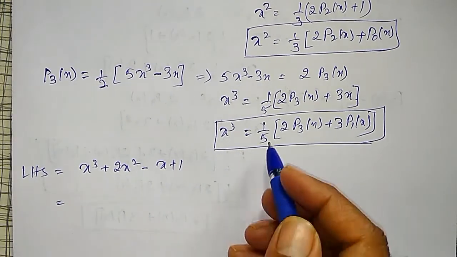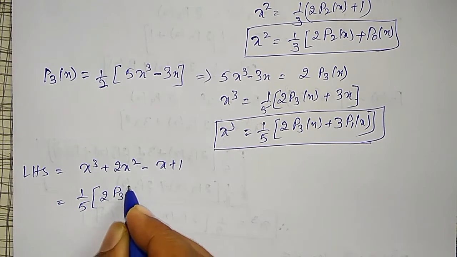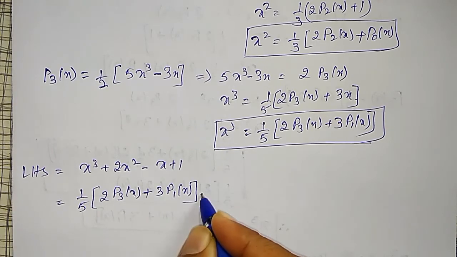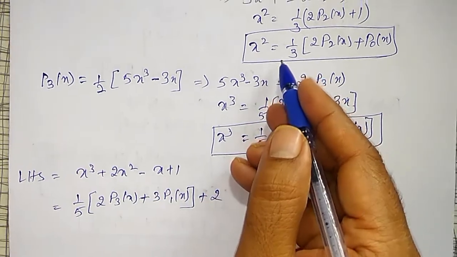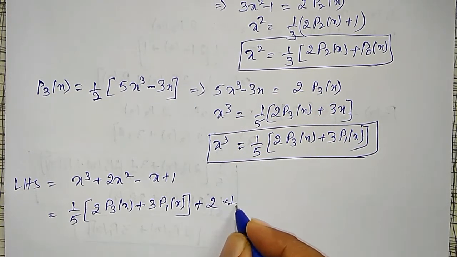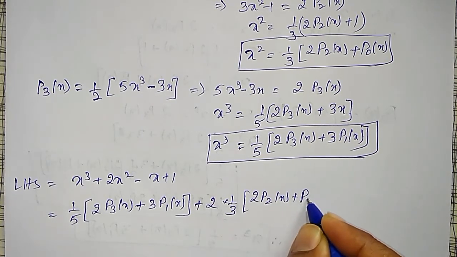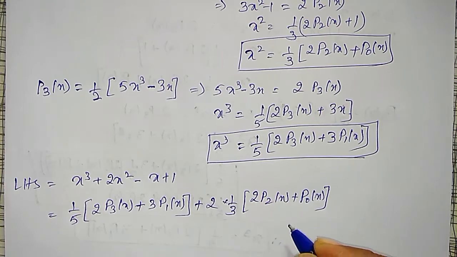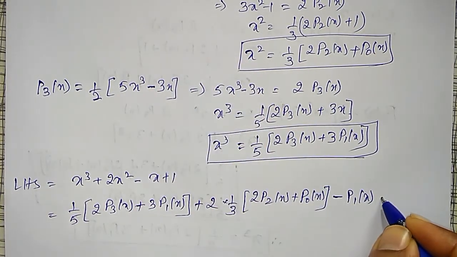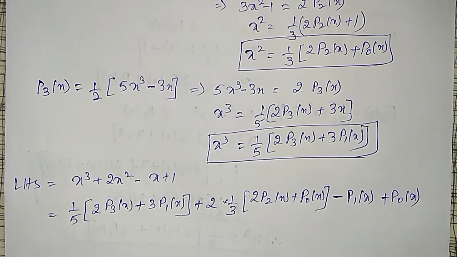X cube is 1 by 5 times (2 P3 of x plus 3 times P1 of x), plus 2 times x square, already calculated, which is 1 by 3 times (2 times P2 of x plus P0 of x), minus x, where x is nothing but P1 of x, plus 1, which I can replace by P0 of x.